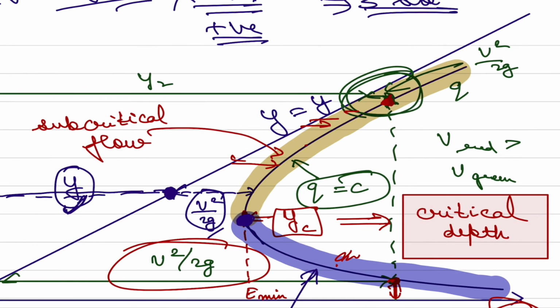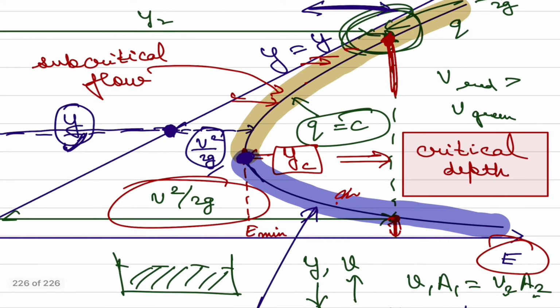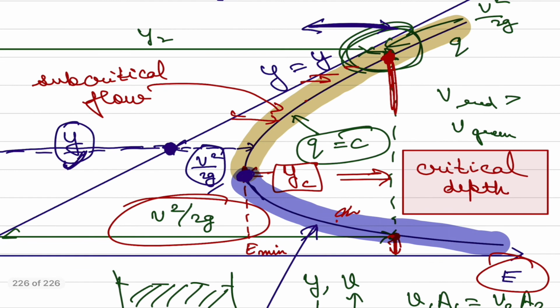Hence, we can say that at section 1, if this was the depth corresponding to section 1, for specific energy to decrease, we should move in this direction. We should move in the backward direction so that our specific energy decreases at section 2. So our section 2 specific energy should be either at this point or at this point that I am just highlighting now.